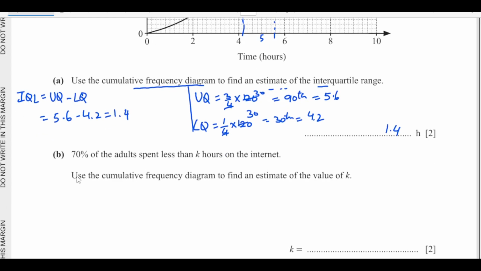Now next, 70% of the adults spent less than k hours on the internet. Use the cumulative frequency diagram to find an estimate. So 70% of 120, that's what we are talking about. So 70 over 100 times 120. So these zeros are cancelled, then it is 84, right, the 84th value. So we will go to 84.